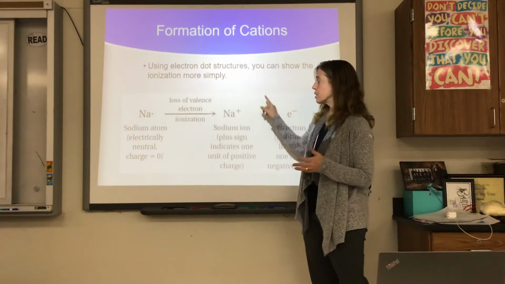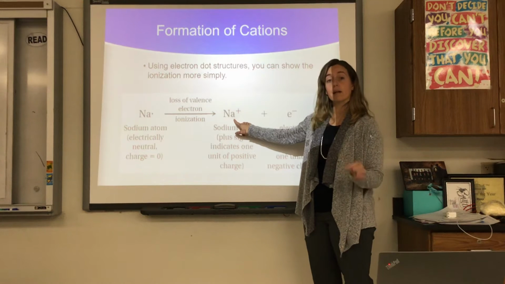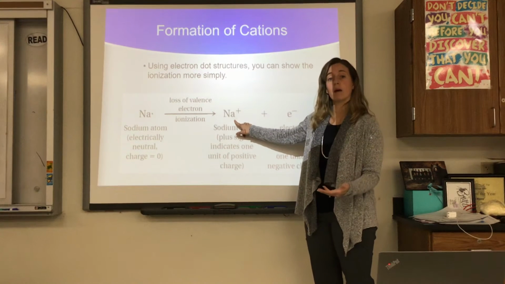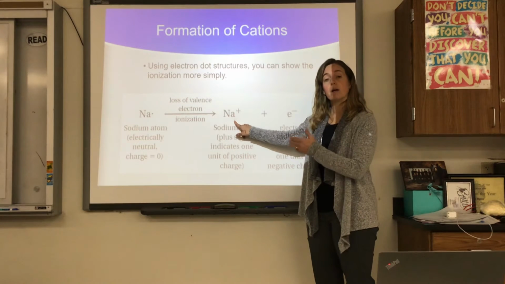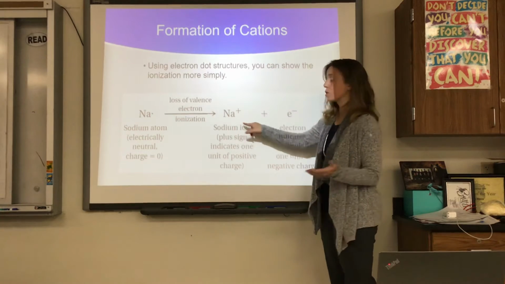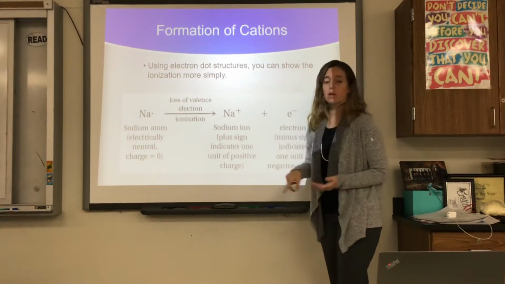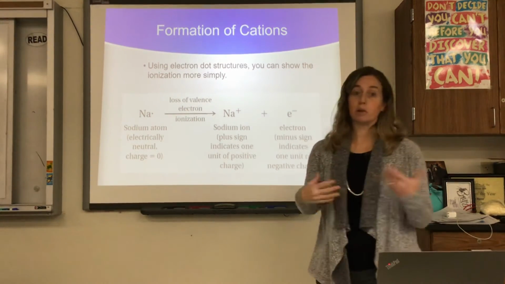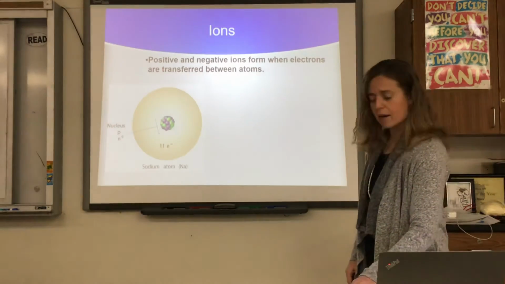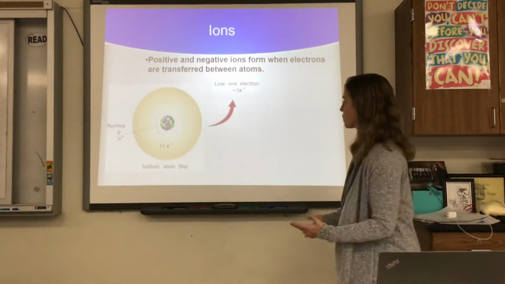Now when you lose that electron, you have 11 protons but 10 electrons. So you have 1 more proton on your nucleus than you do electrons around the nucleus, therefore making this positively charged. And your electron is going to go out and try to find a nonmetal that's looking for an electron, okay?